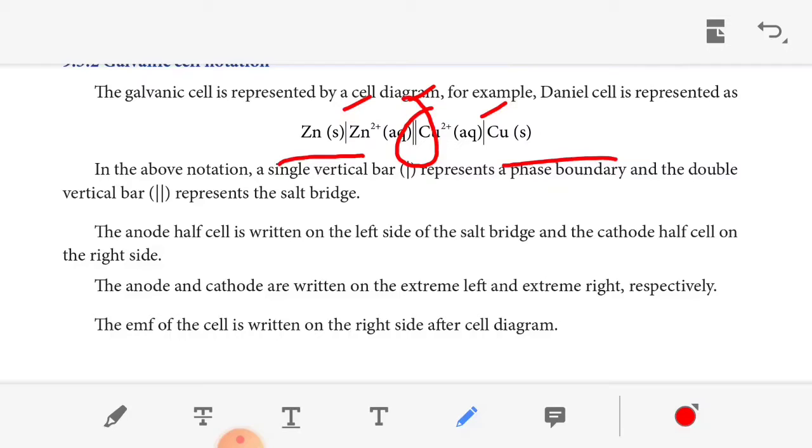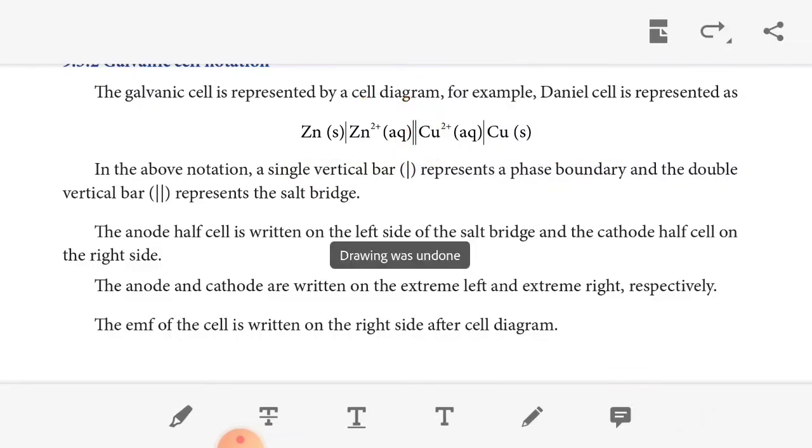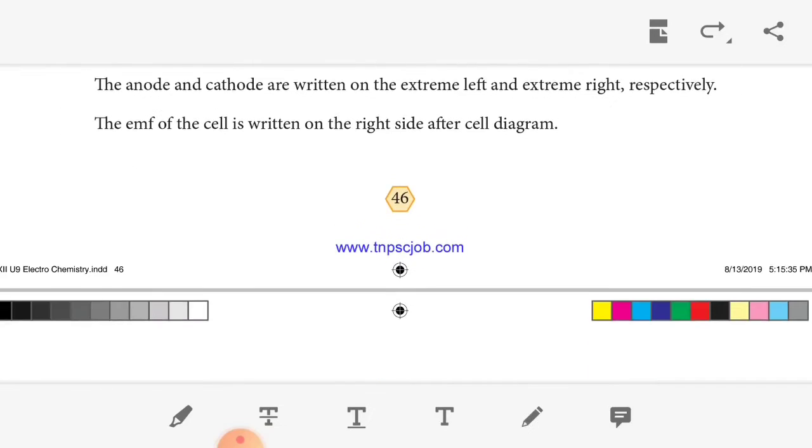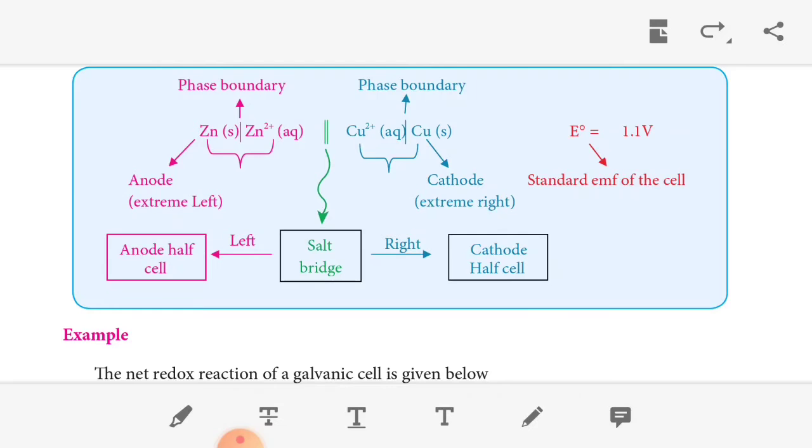So anode means left hand side, cathode means right hand side. The anode and cathode are written at the extreme left and extreme right respectively. The EMF of the cell is written on the right side after the cell diagram. This diagram is an example of galvanic cell notation.